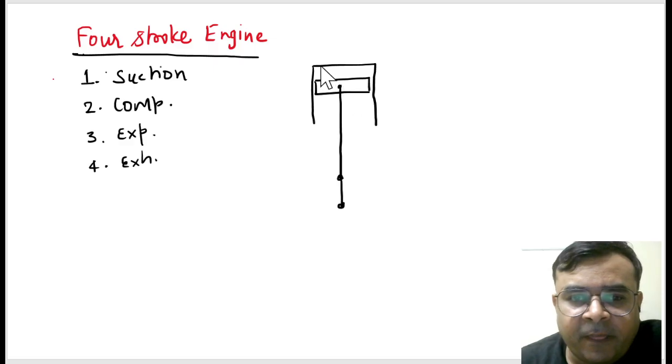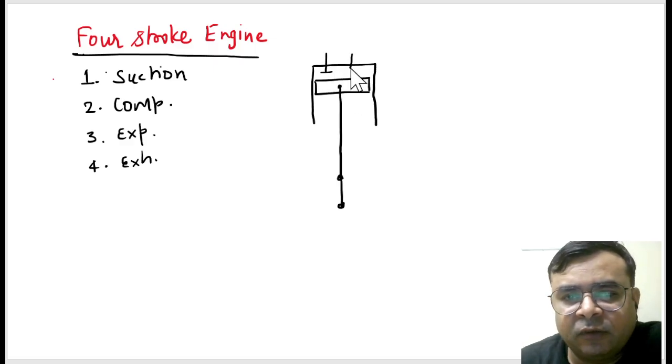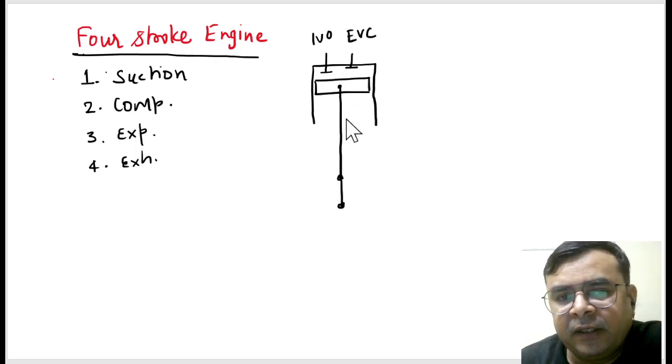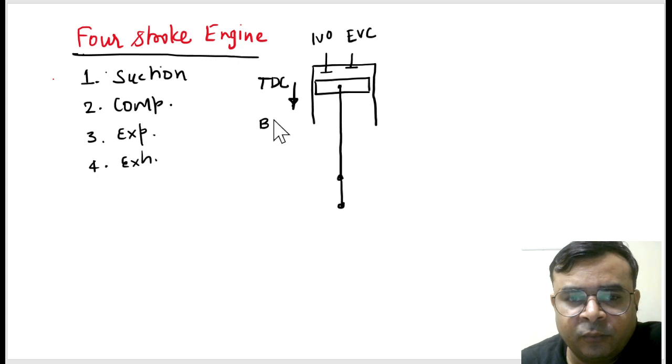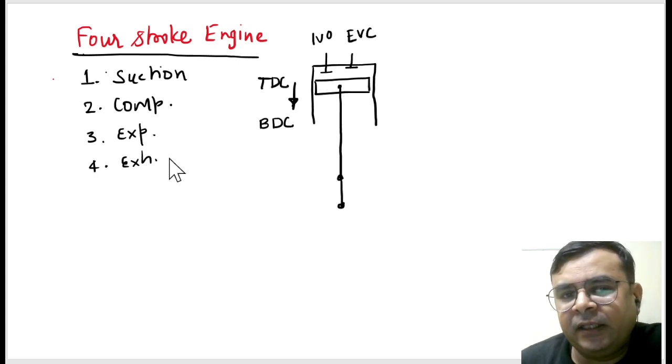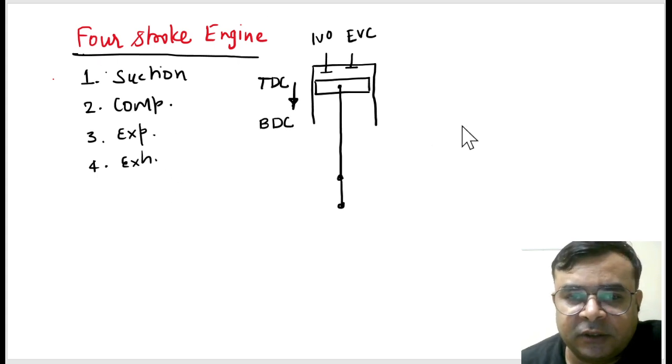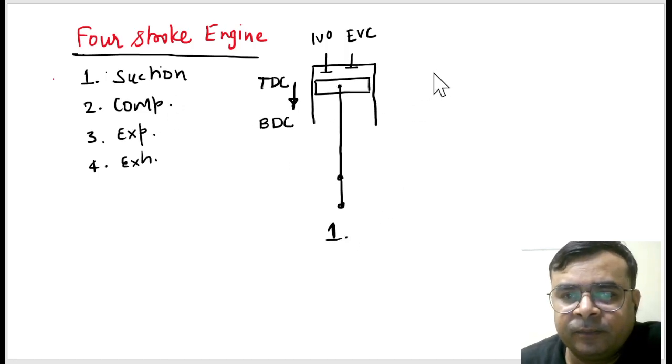Okay, and in this, the inlet valve is open, the exhaust valve is closed. And your piston is approaching BDC from TDC. Is it right? From TDC to BDC. Correct. So this is our first process. In this, suction takes place.